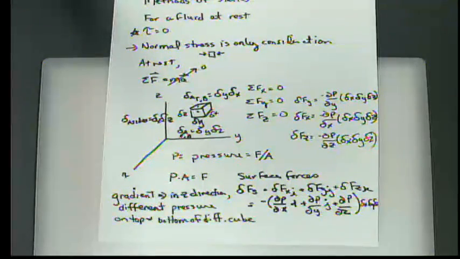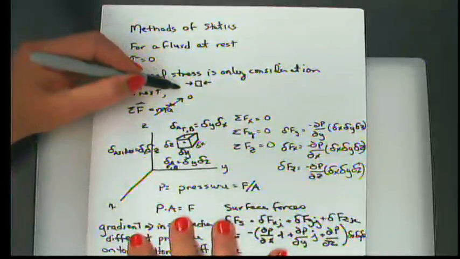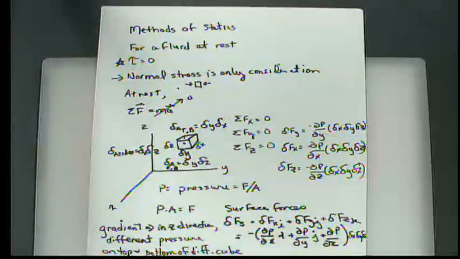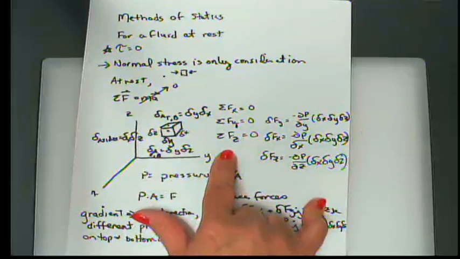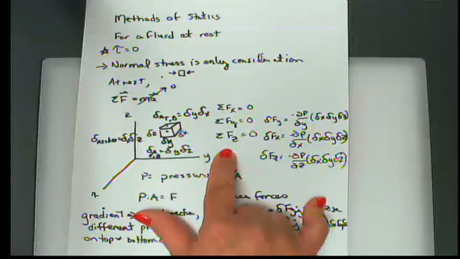And the reason I want to find those faces is because I understand that if the fluid is at rest, the only type of stress that can be acting on it is normal, or perpendicular, to those faces. So taking that idea into account, I can say that the sum of the forces in each of the three coordinate directions, x, y, and z, has to be equal to 0.